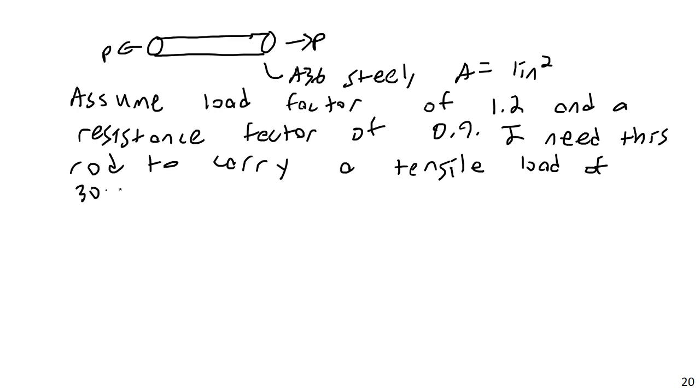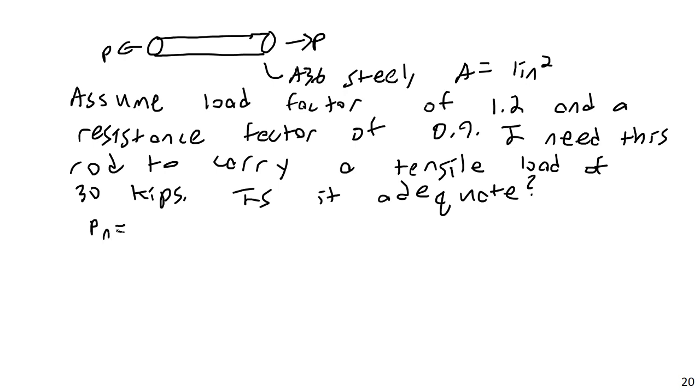It will be adequate if the previous inequality I wrote remains true. So let's calculate all this. First we can just say P nominal is going to be the nominal load. So this is 30 kips, that's what was given, 30 kips.